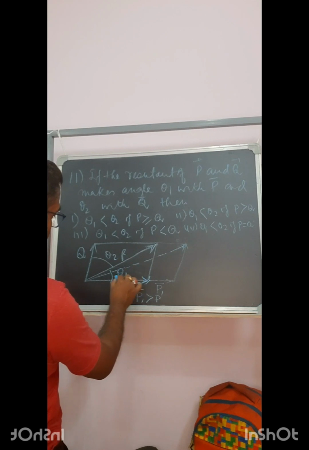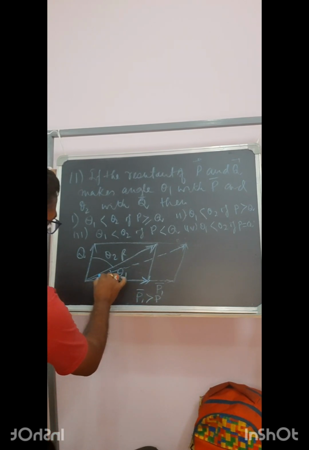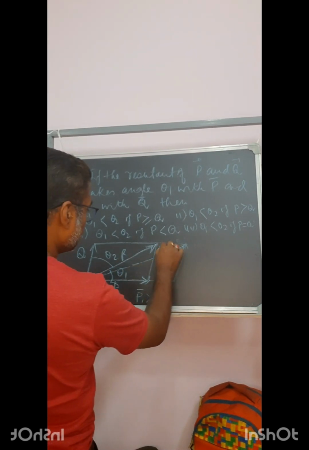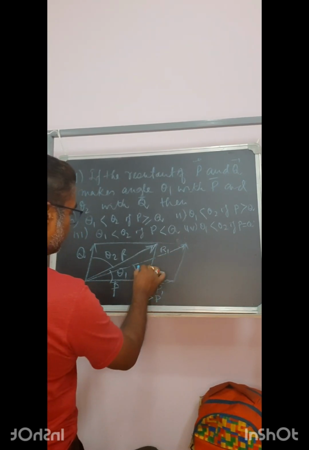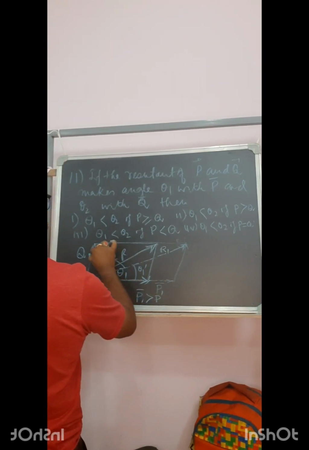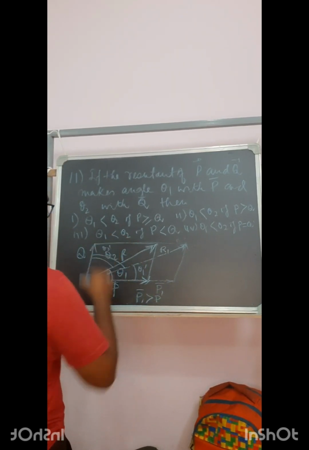So again, if I increase, then the resultant R from R1, what would be the angle here? Let's say the new angle is theta 1 dash and this is the angle theta 2 dash.